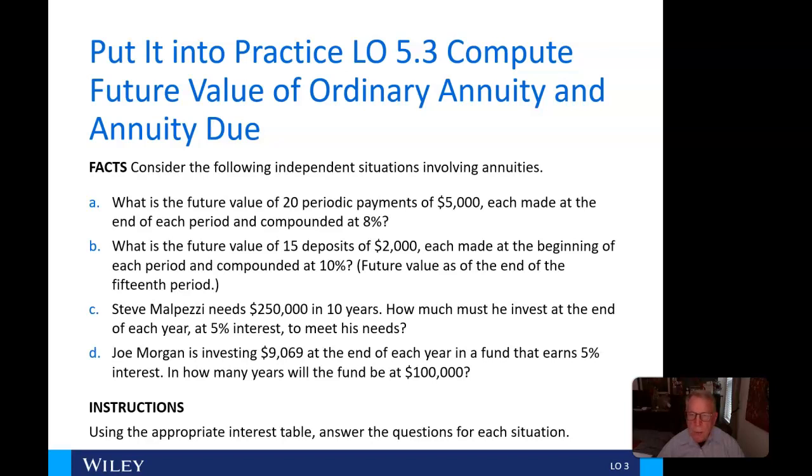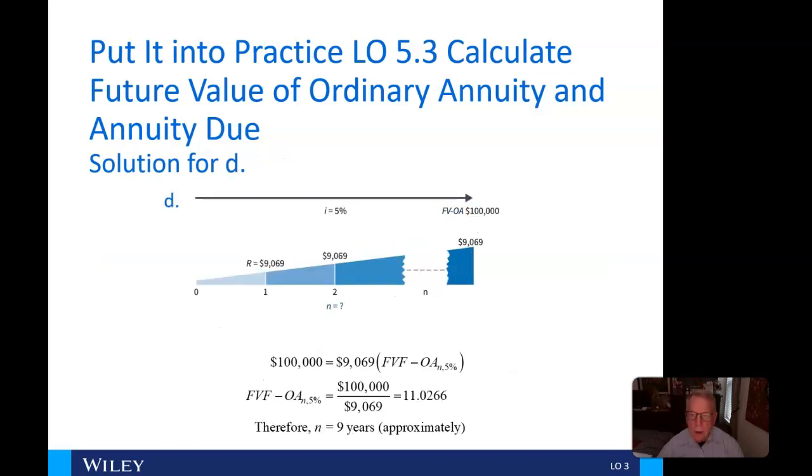What we're going to do is we're going to take this $100,000, and we know that it's going to be this $9,000 times this rate. So we're going to divide this into 100,000. We get 11.0266. We look this up in the table 5.3, and we find that that's going to hit about 9 years.